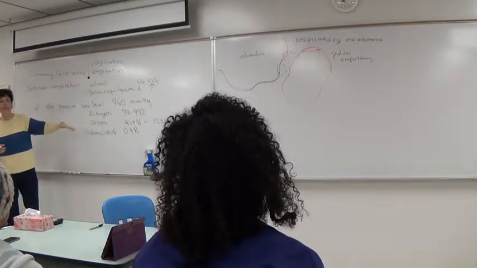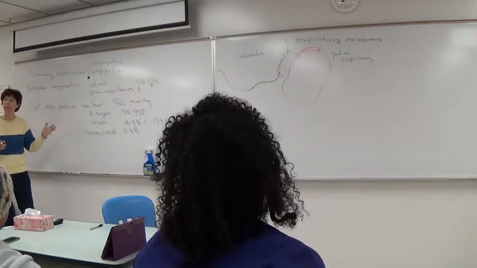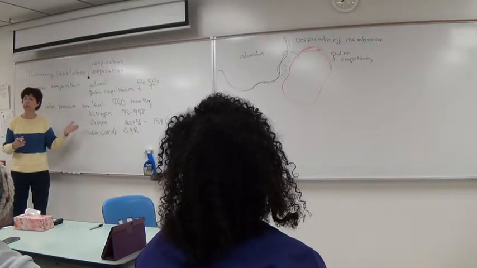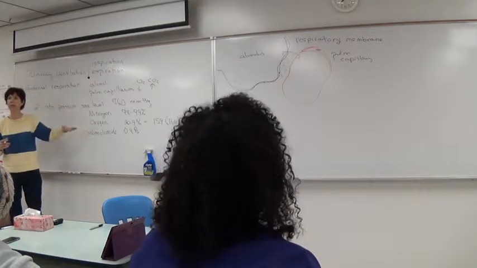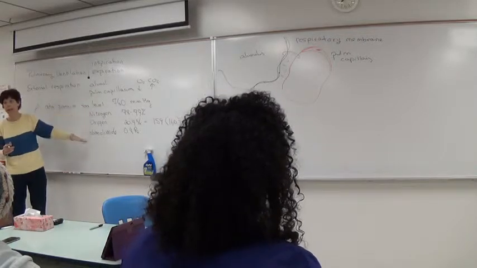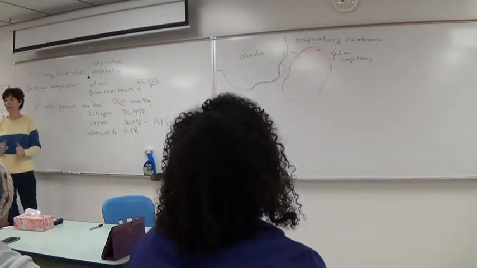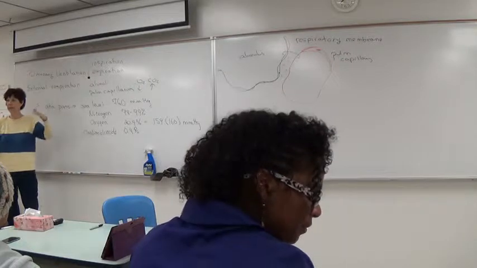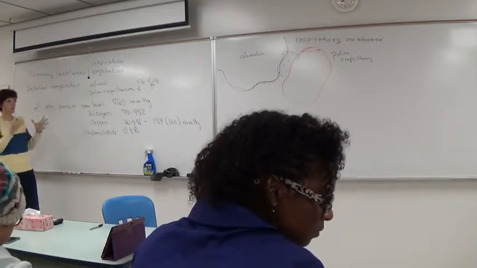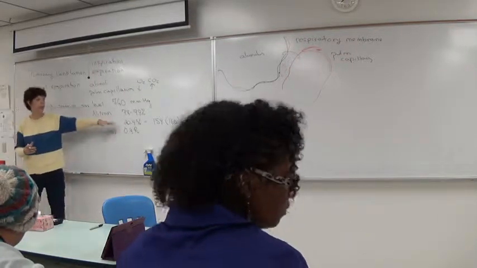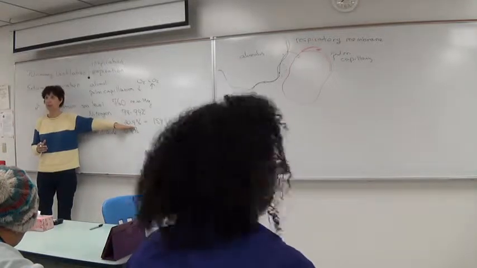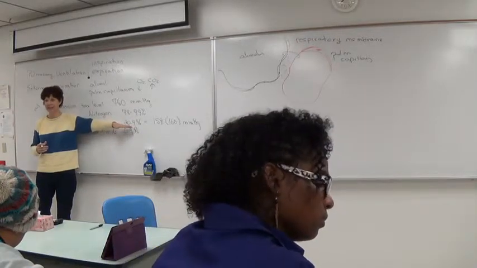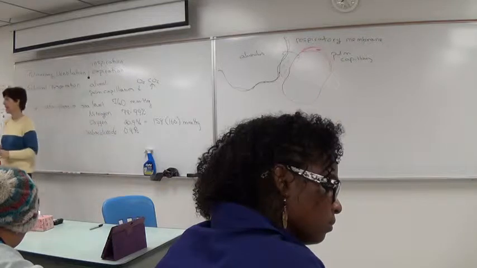So it may drop from 160, if we're at 8,000 feet, it's about 115 to 120 millimeters of pressure. So we drop the actual number of oxygen molecules along with everything else. We're farther away from the center of gravity, and therefore there's fewer molecules per cubic unit of space, but the percentage is still the same. It doesn't drop to 15% or 10%. All right, so that value is going to stay the same.